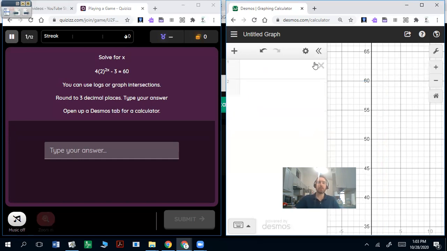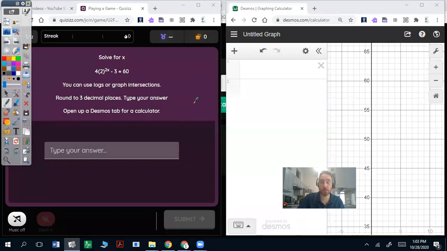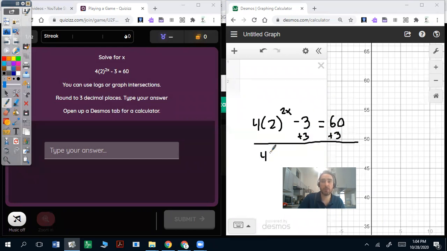But you really need to know how to do this using a logarithm, because some of them are going to be exact in terms of log. So what you're going to do is take your minus 3 and add it to both sides. So you'll say 63 on the right side, and you get 4 times 2 to the 2x power equals 63.